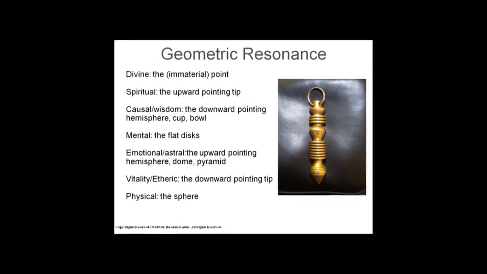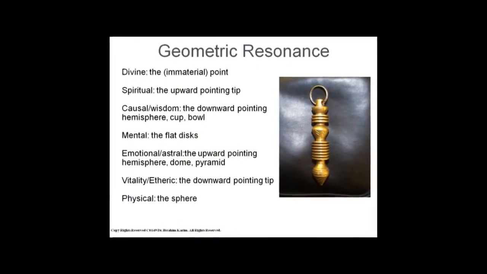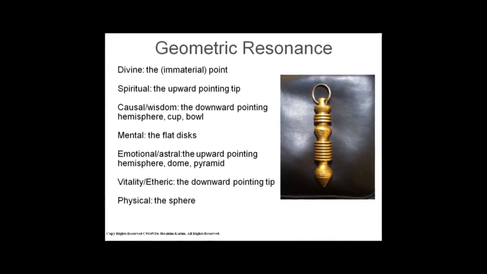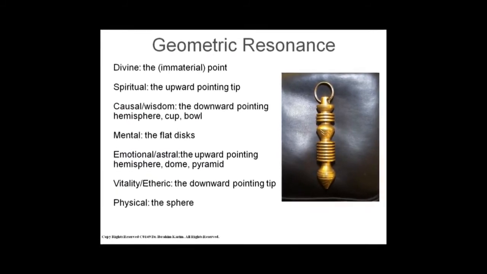And so in addition to the way that the pyramid form is a polarized geometric energy emitter that creates a penetrating carrier wave of energy, as we mentioned before, and the way that these forms have been altered in a specific way to be able to change the vibrations inside of them with the indentations on the faces, as we mentioned before, there's also a hidden part of the system that Dr. Karim discovered where particular geometric forms will resonate with different planes of nature.